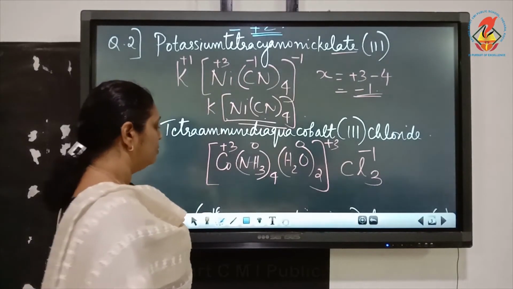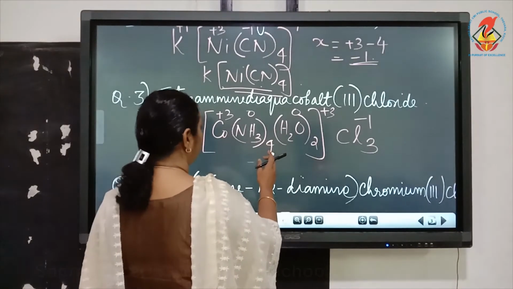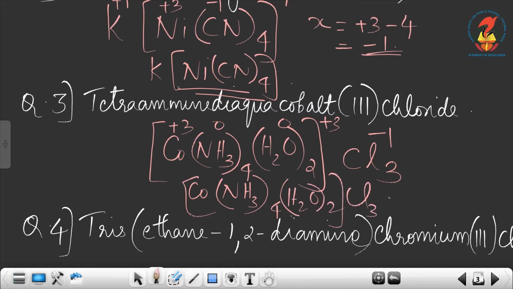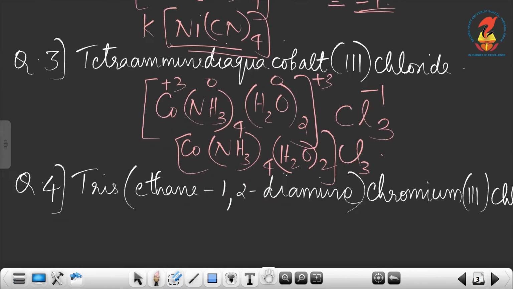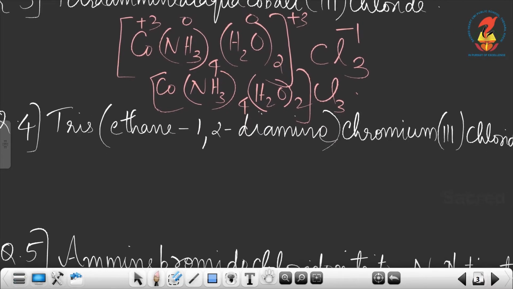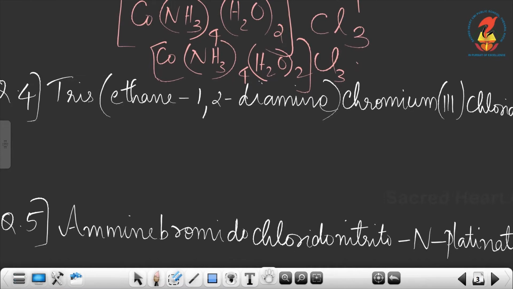Cl3. So what's the formula of the compound? The formula of the compound is [Co(NH3)4(H2O)2]Cl3.